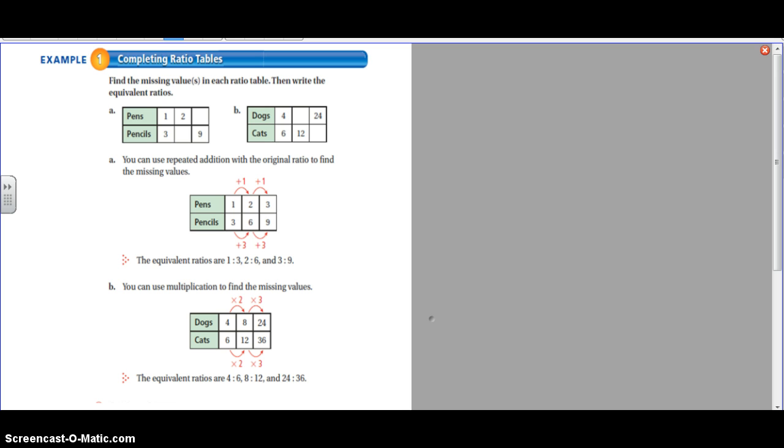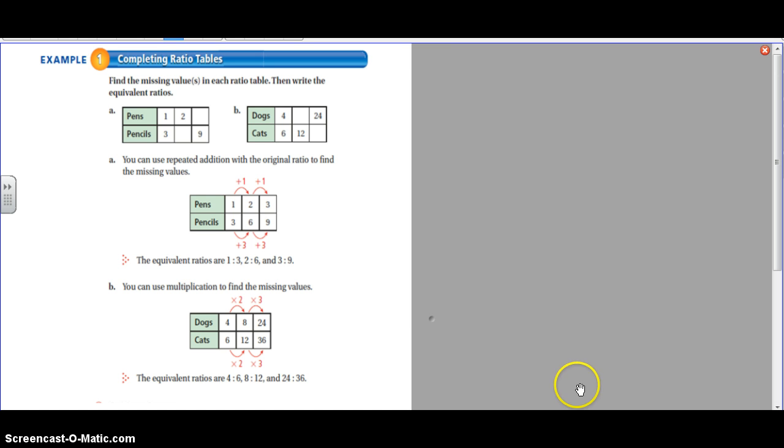Cats, they did times 2 and times 3. Now, when you're doing multiplication and division, the operation, what you do to the top and the bottom, does need to match. So your equivalent ratios are 4 to 6, 8 to 12, and 24 to 36.